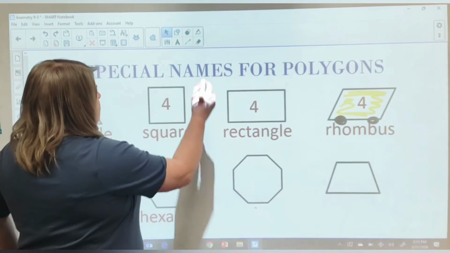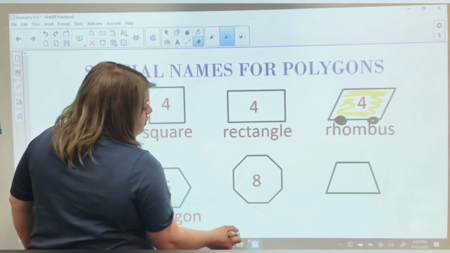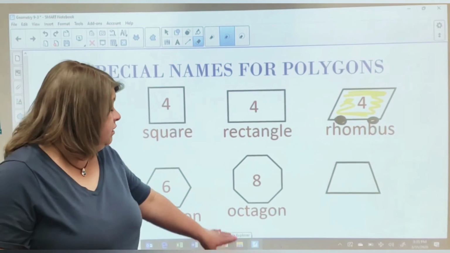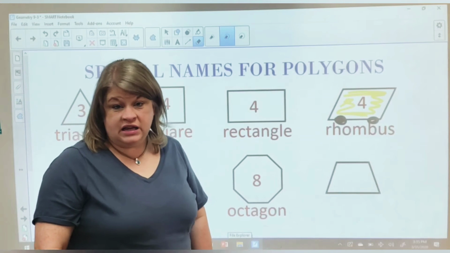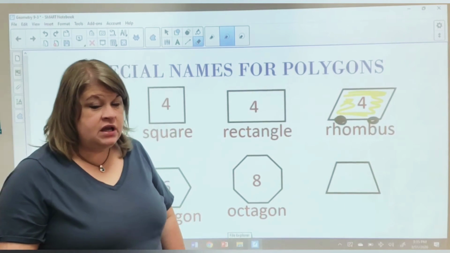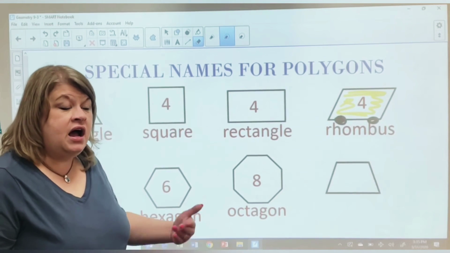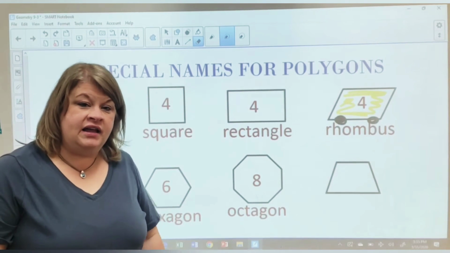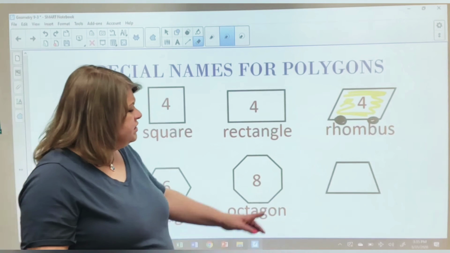Do you know what an 8-sided polygon is called? It is called an octagon. Anybody know another word that starts with octa? How about an octopus? How many legs does an octopus have? 8. How many sides on an octagon? 8. Good job.